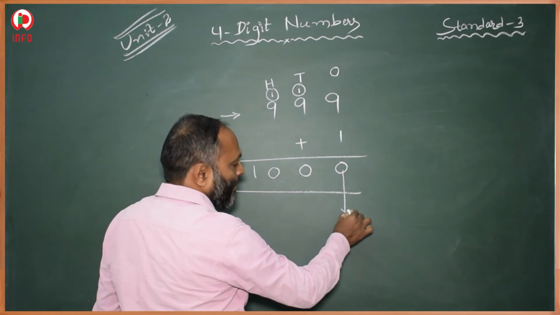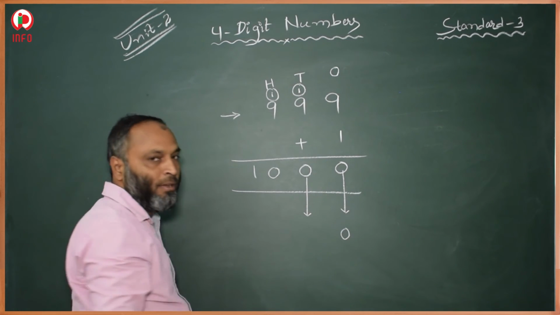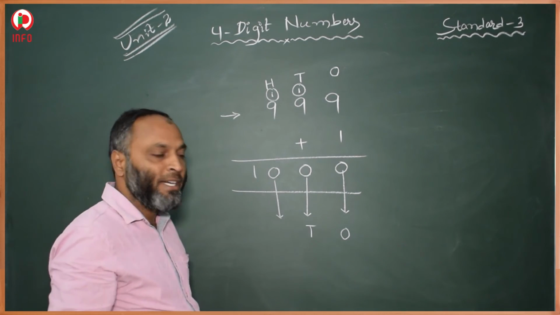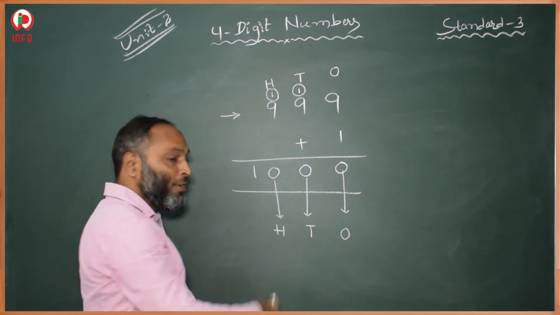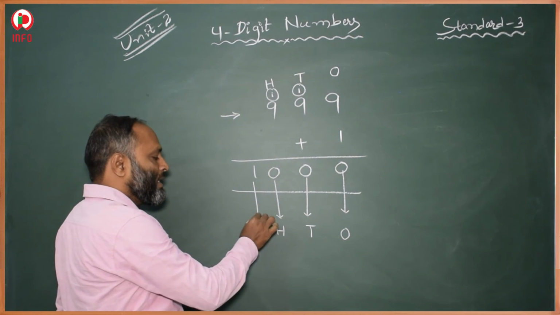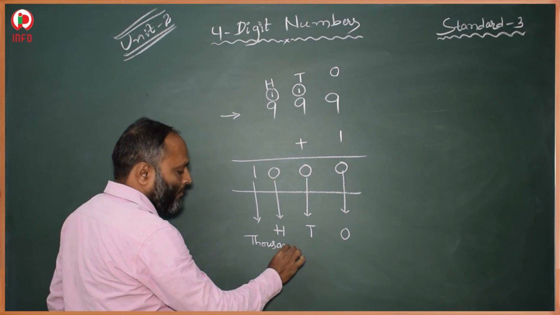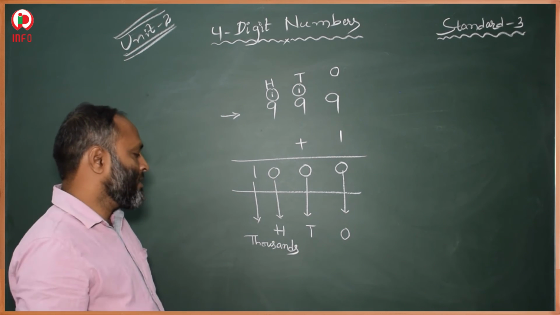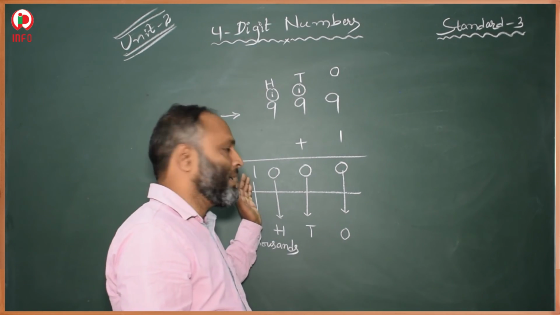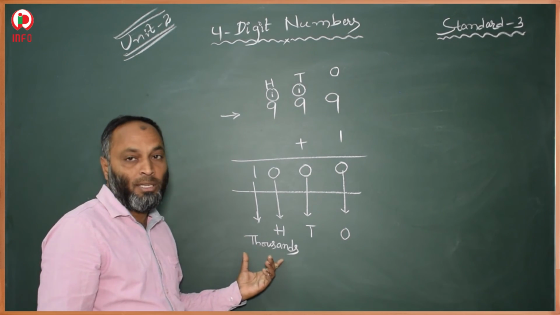This is the ones place, this is the tens place, this is the hundreds place, and the fourth one, which we are going to learn, is the thousands place. The fourth digit, one more extra digit we are going to learn, is the thousands place.